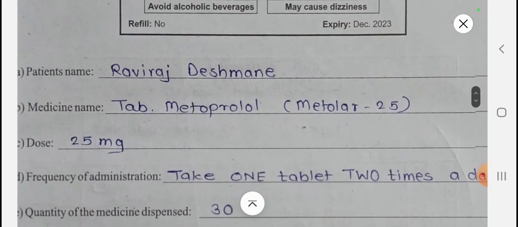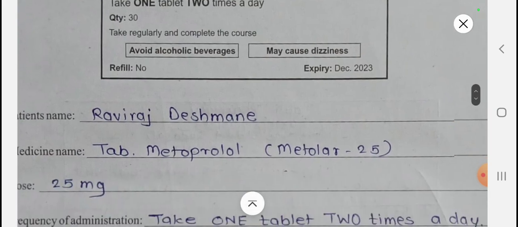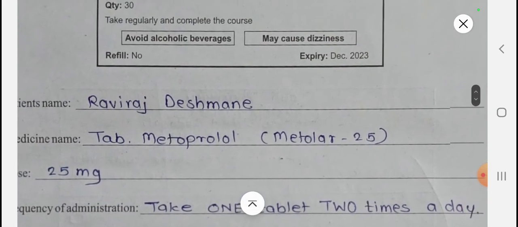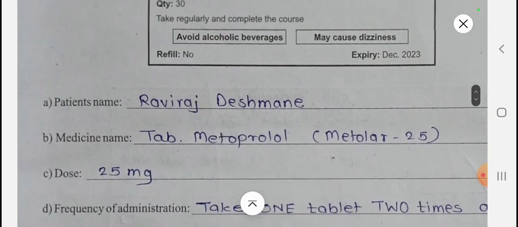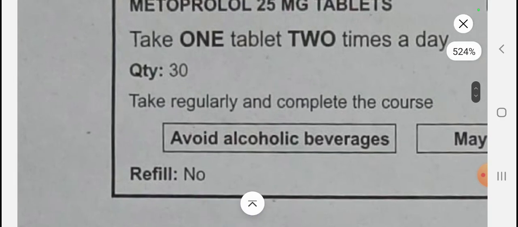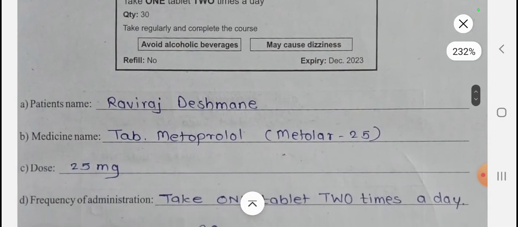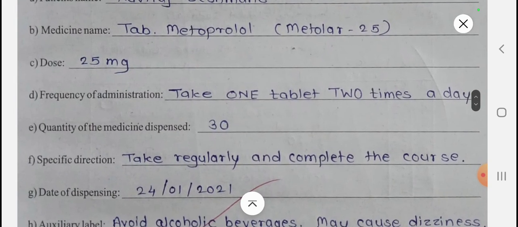Then frequency of administration: see here it is given, take one tablet 2 times a day. Then quantity of the medicine dispensed: the quantity given here is 30. Then specific direction: take regularly and complete the course.